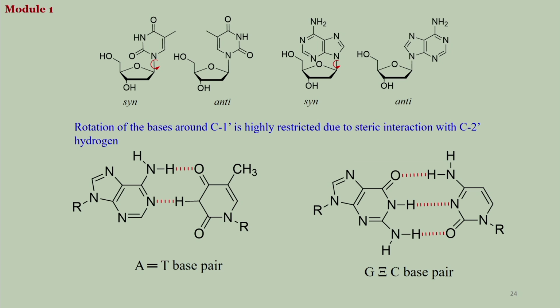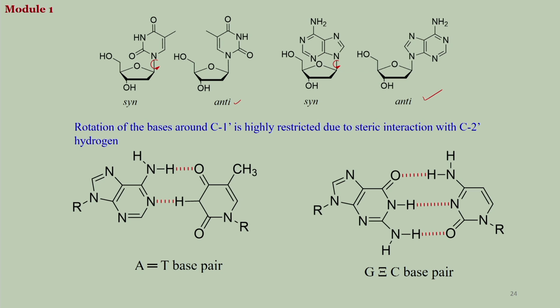Therefore, the more stable form is that they will flip, they will rotate around the CN single bond, because rotation around a single bond is favorable at room temperature. It will rotate and give you the anti form, which is the more stable conformation for DNA. So this conformation and this conformation here are the favorable conformations that we see.